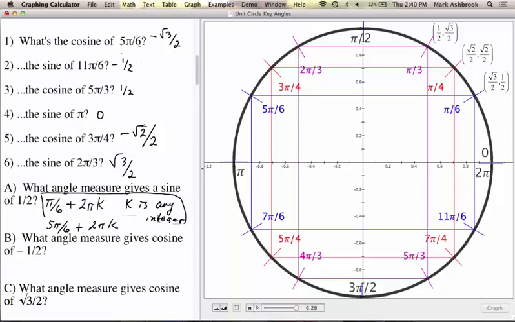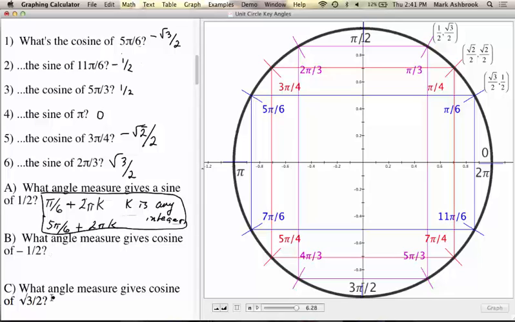If we restricted the angle measures from 0 to 2 pi, then yes, there are two angle measures that give a sine of 1/2. But if we allow any angle, positive or negative, and as large as we want, this is a way of expressing every single angle that will hit that spot.